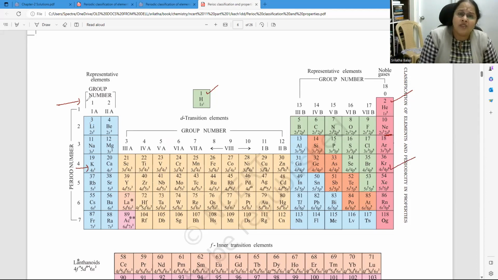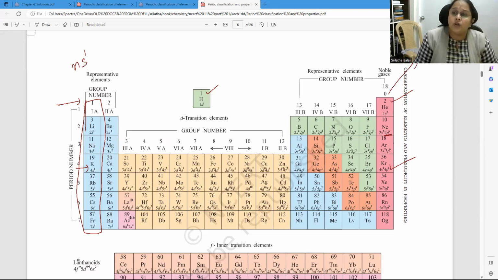So when you start with the first member, you will have the ns1 configuration, and in the 18th group, you have ns2, np6. That means every time you are moving across a period, the electrons are filling up in the same shell.